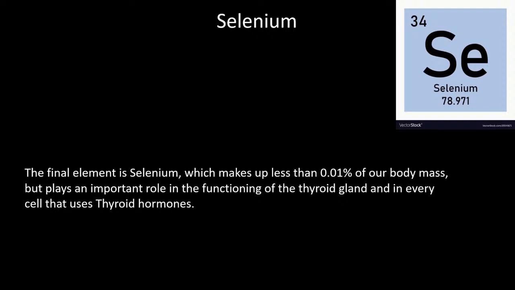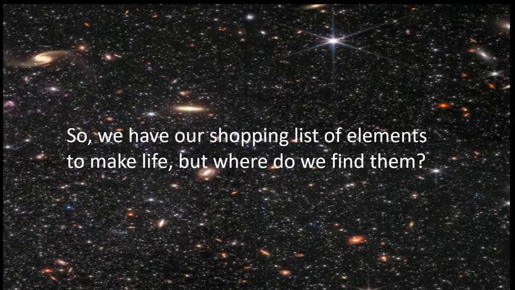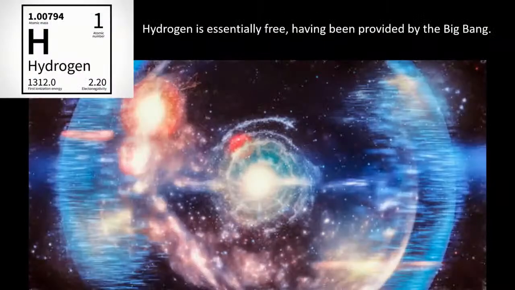So, we have our shopping list of elements to make life, but where do we find them? Hydrogen is essentially free, having been provided by the Big Bang. Every bit of carbon in the universe requires a star.